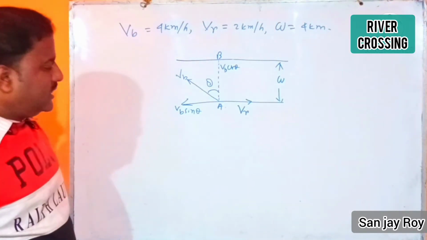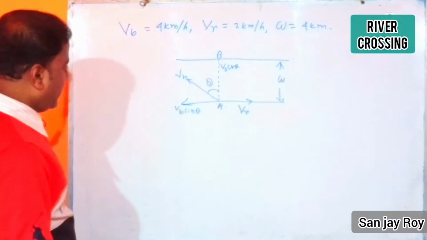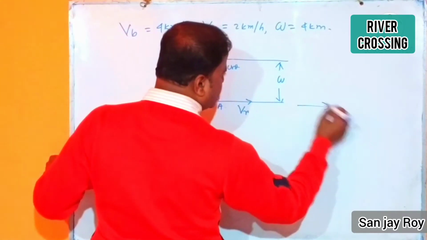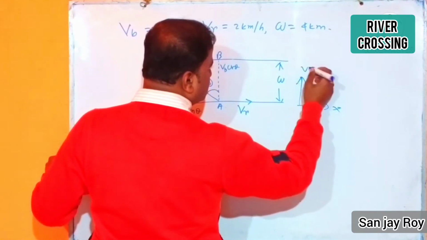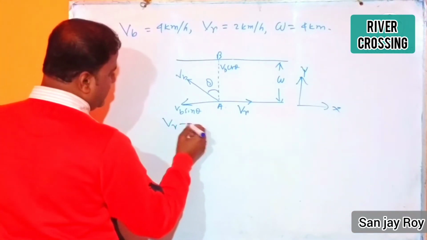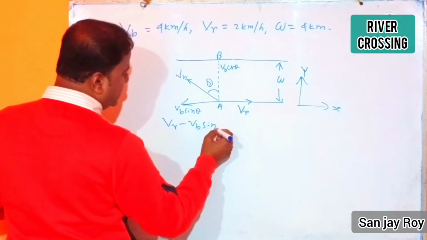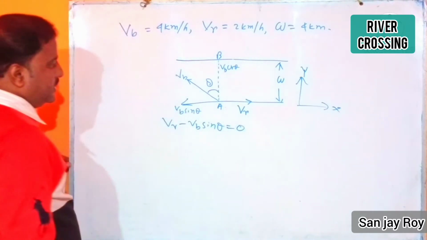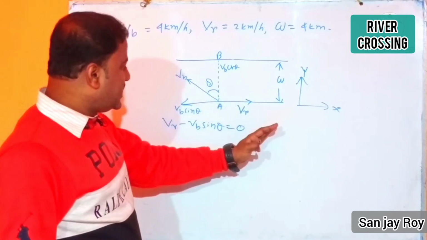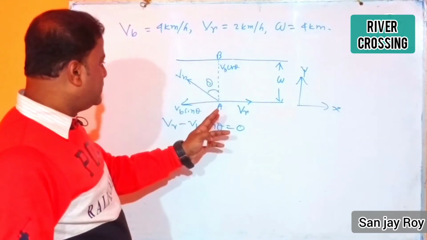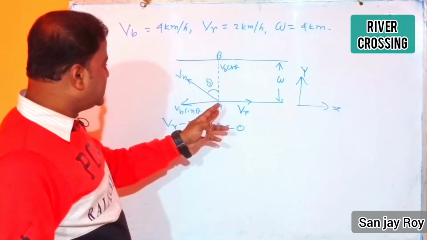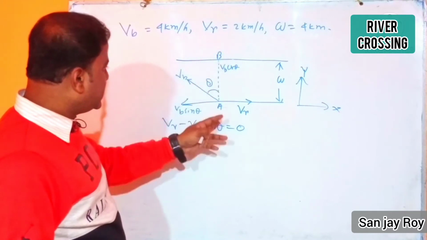We discussed in our theoretical part, if the relative velocity along the x direction, VR minus VB sin theta, equal to 0, then there will be no drift along the x direction and the boat just reaches the point directly opposite the starting point, and this is the shortest path.